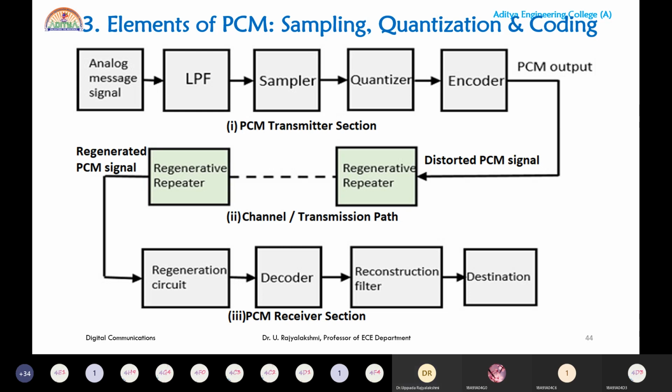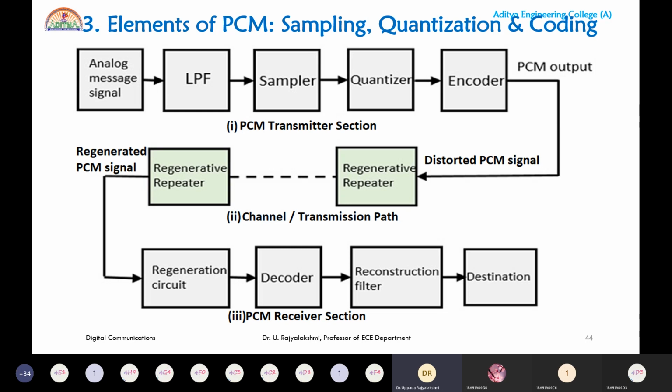In this slide you can observe three sections. I represented the top one as PCM transmitter section. In the middle we have represented it as two, that is channel, or you can also call it a transmission path. And the third one, the bottom one, is PCM receiver section.